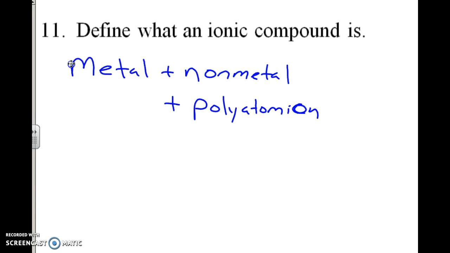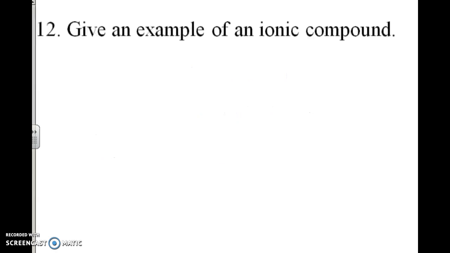Or it's when an ion is attached to another ion or attracted to another ion. That's what an ionic compound is. Ions reacting with ions. An ionic compound, a metal and a nonmetal. Our table salt.